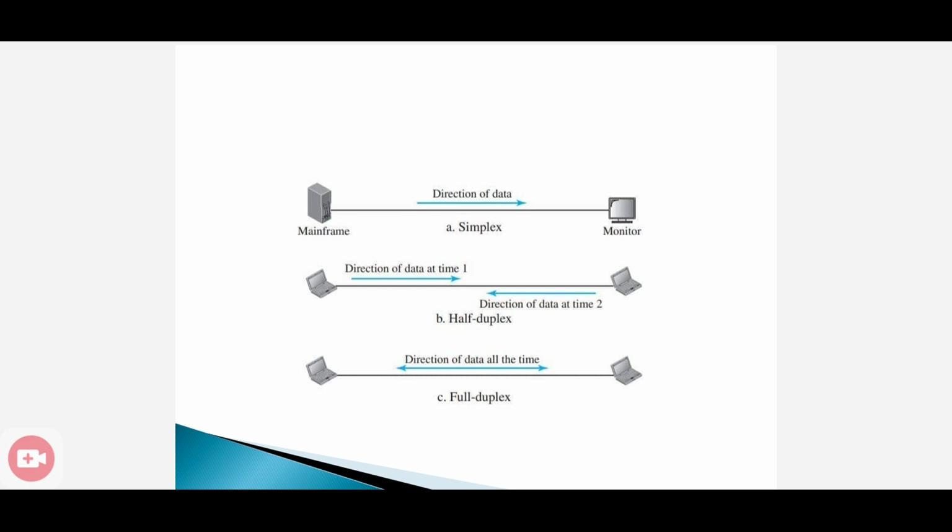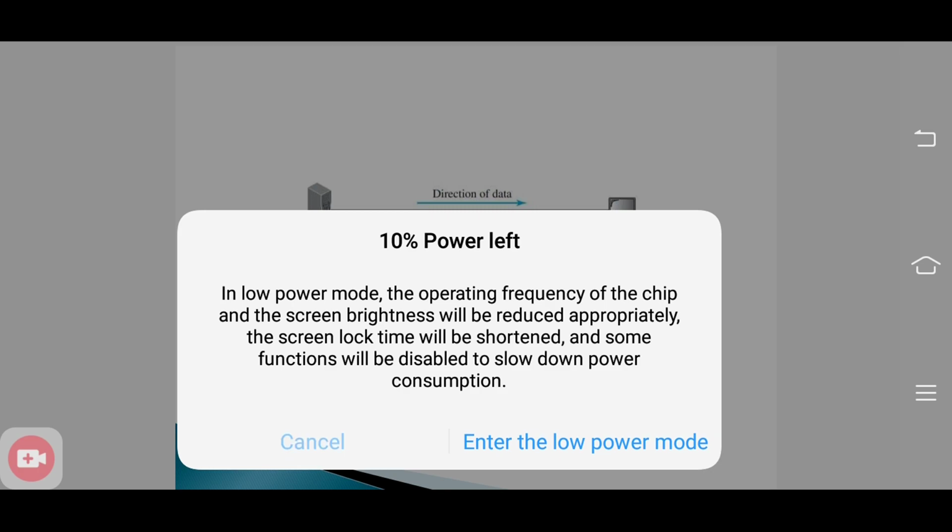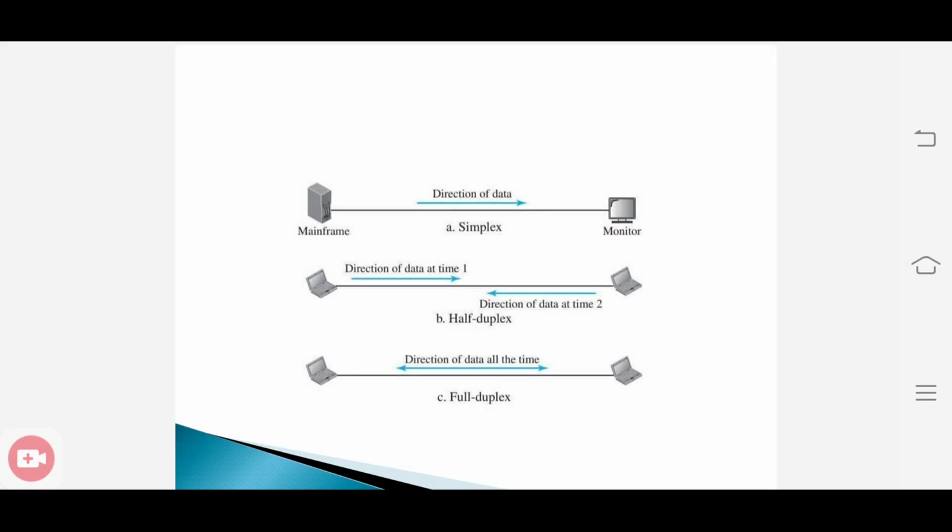At time t2, the direction of data is from device 2 to device 1, but not at the same time. Okay, different times, t1 and t2. So this is actually a bidirectional mechanism, but not at the same time. So it's a half duplex mechanism. Okay. And in the third figure, you can see two devices, and the direction of data all the time is bidirectional. That is from device 1 to device 2 as well as device 2 to device 1. So it's a full duplex mechanism.